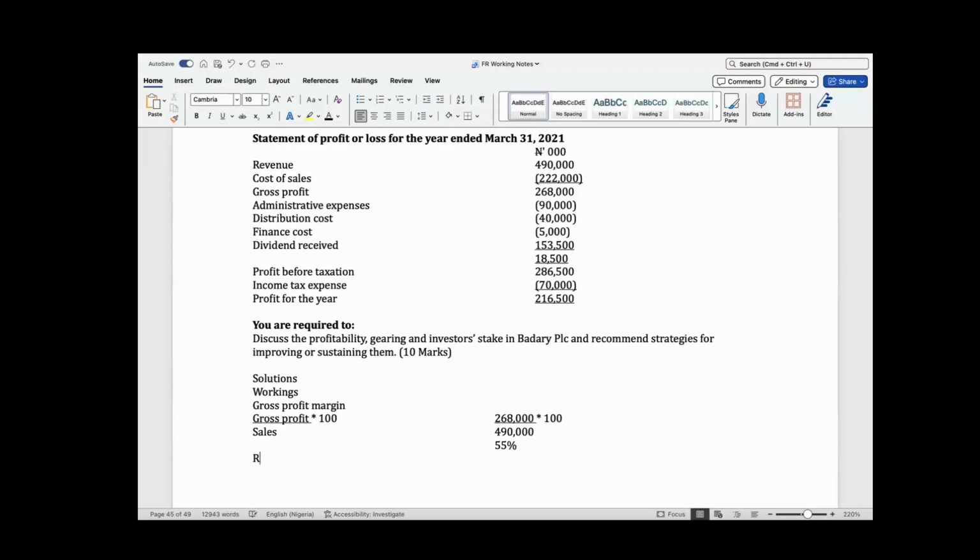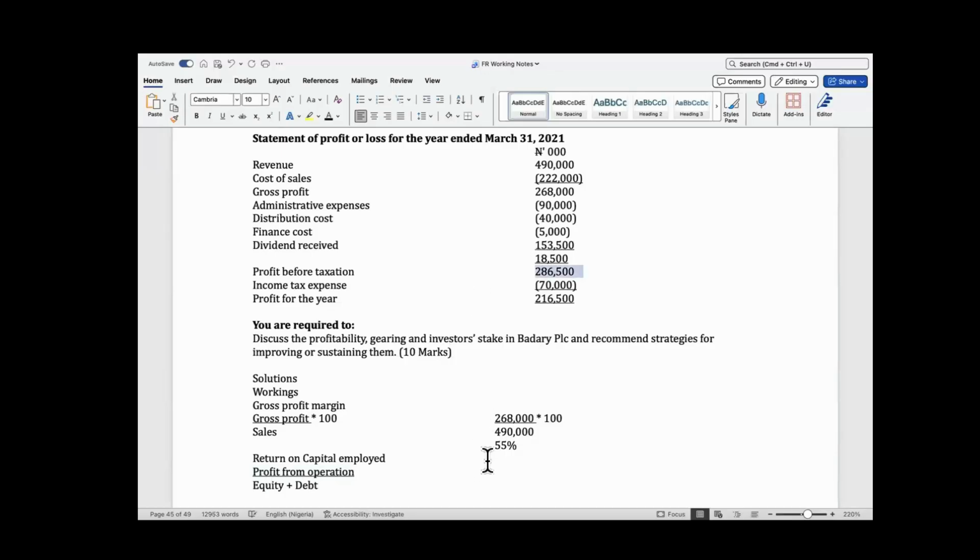Then my return on capital employed. Let me use PBIT, or call it profit from operation, over capital employed, and let me use equity plus debt. So what's my profit from operation?